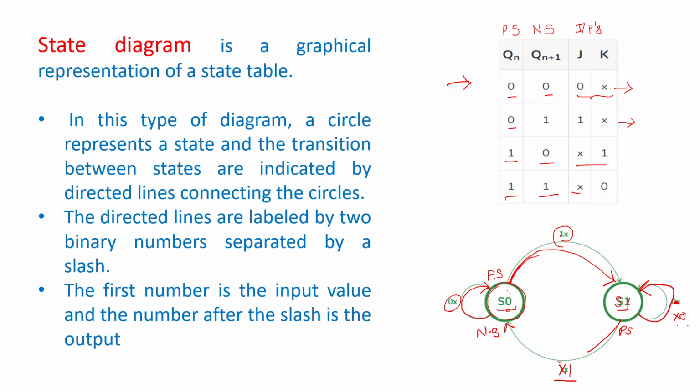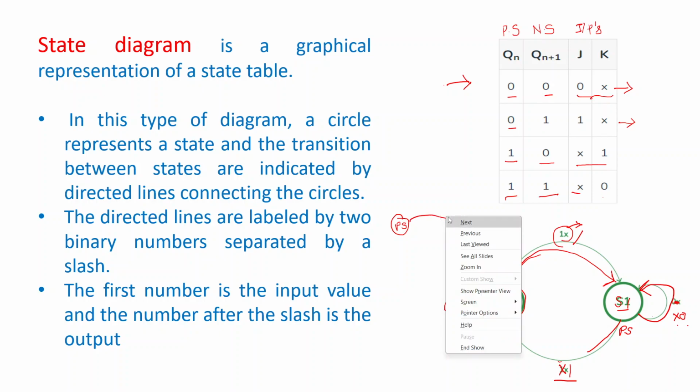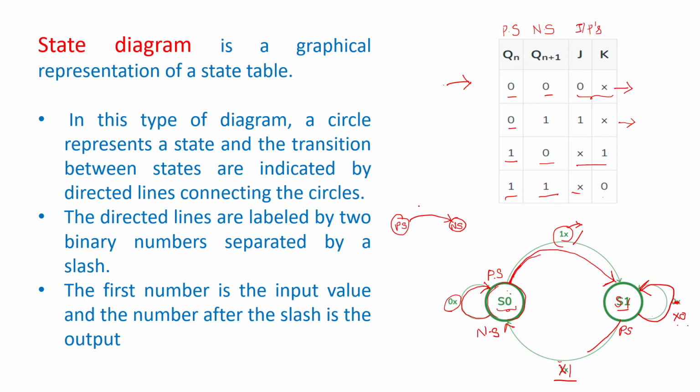And here this is called input, and if there is a slash and some number, that is called output. So how it will be represented: a present state will be there, and the next state for that present state, and a directed line will be denoted having some input x slash y.